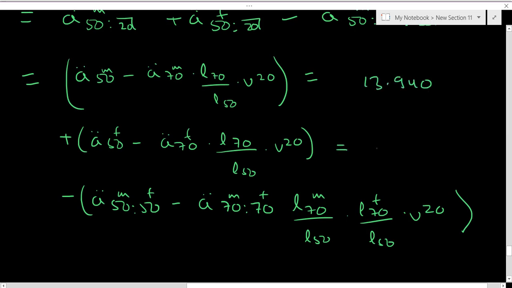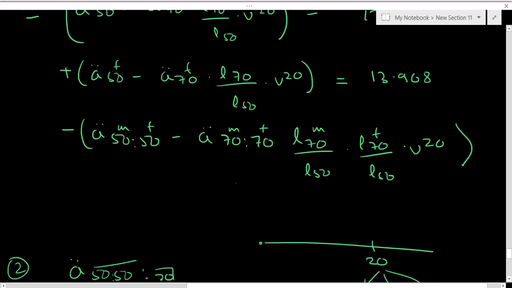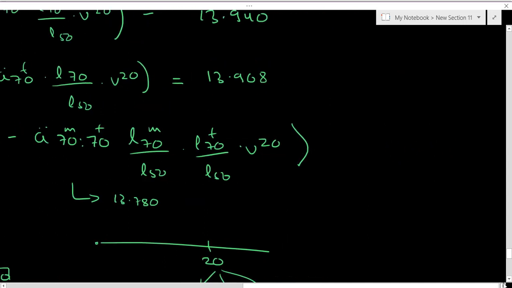This part is coming out to be 13.968, and the third part is coming out to be 13.780. Okay, and when you adjust these three, single plus single minus joint, okay, so the net answer that you get is 14.128. That is the answer that you need for this.